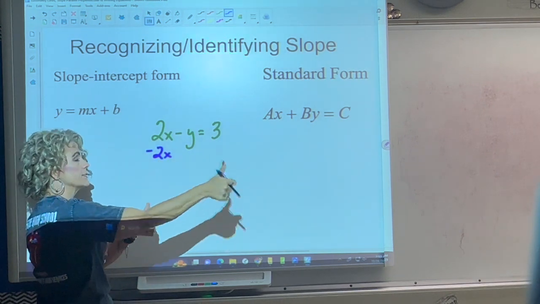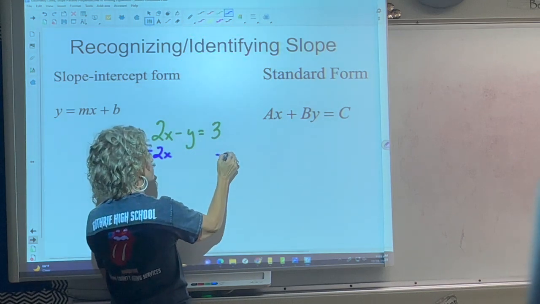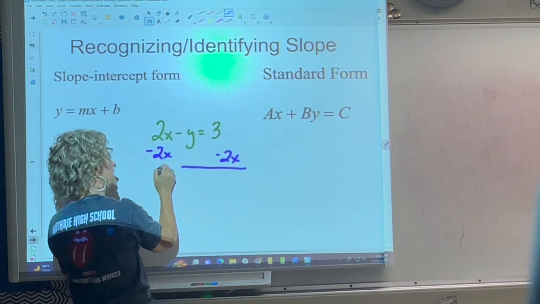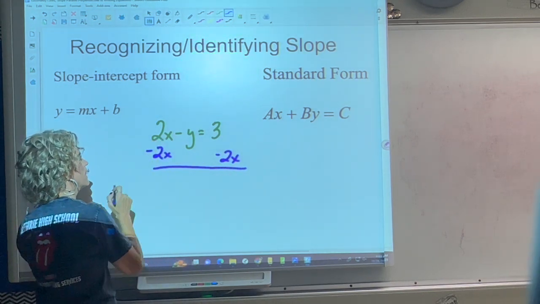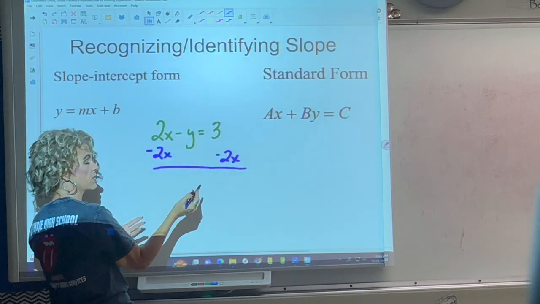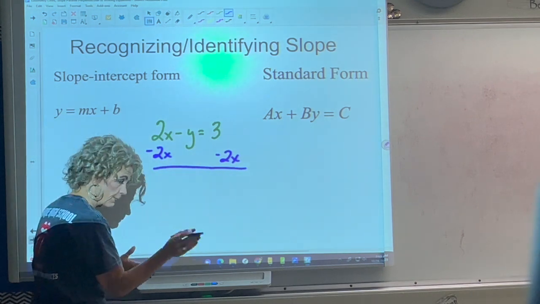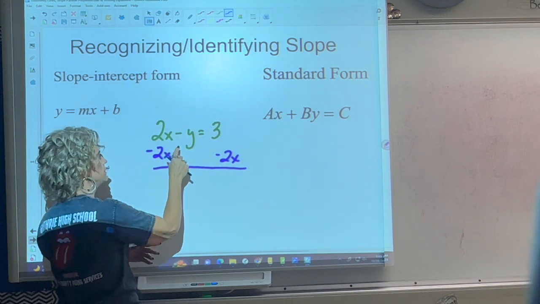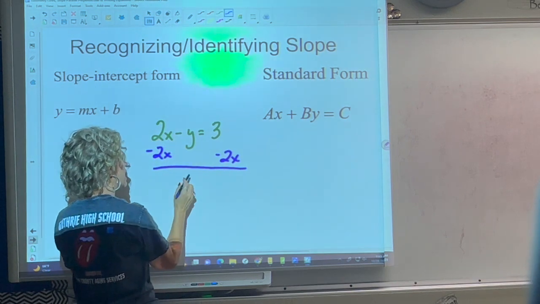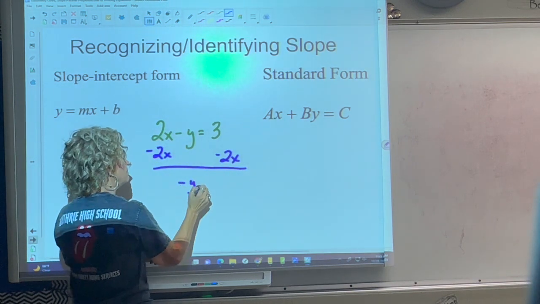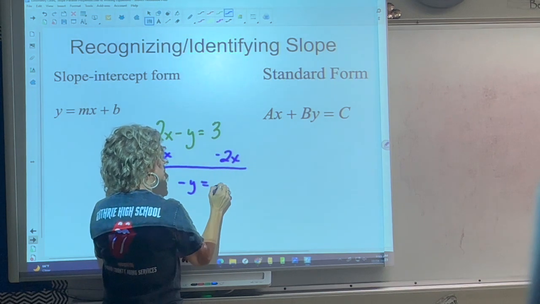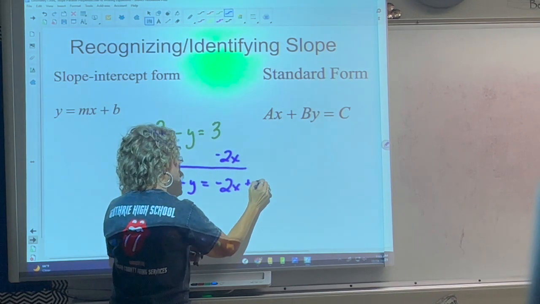What I do to one side, I do to the other side, minus 2x. My handy-dandy line, I'm going to add straight down. 2x minus 2x is 0. Additive inverses are supposed to add to 0. Bring down, don't forget your sign, negative y equals negative 2x and a positive 3.